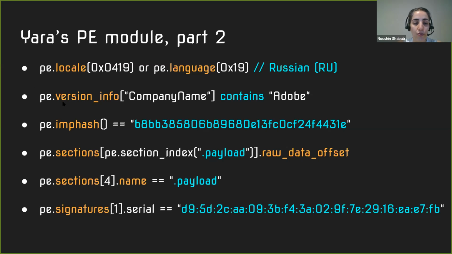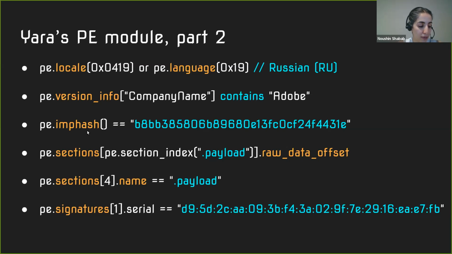Also here, we can use the version information of the file, which is very useful in many cases. This is an example to check the company name in the version information to have the string Adobe inside it. Another one is pe.imphash.